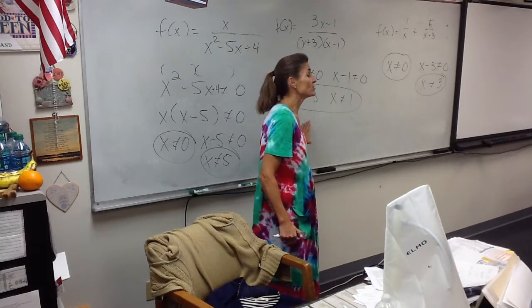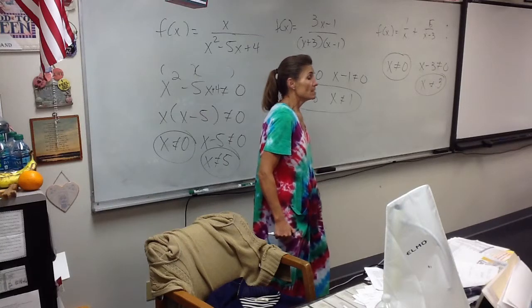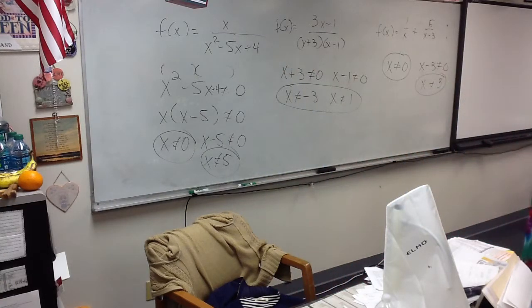No, all you had to do here was list the domain. That's it right there. That's the answer. Now, when the question says what are the asymptotes, then we'll graph it. But this was what's the domain. So if you get 0, you have to put that as one of your answers. If it says x can't be 0, then you have to write that down. X can't be 0. Okay?